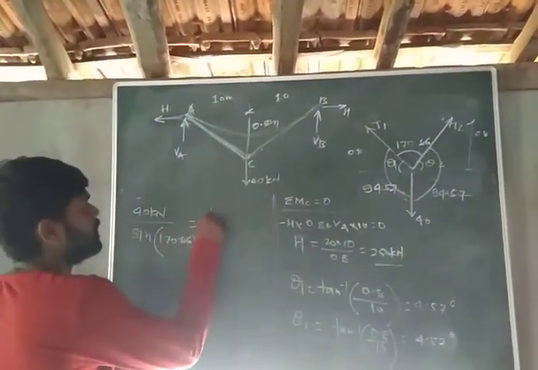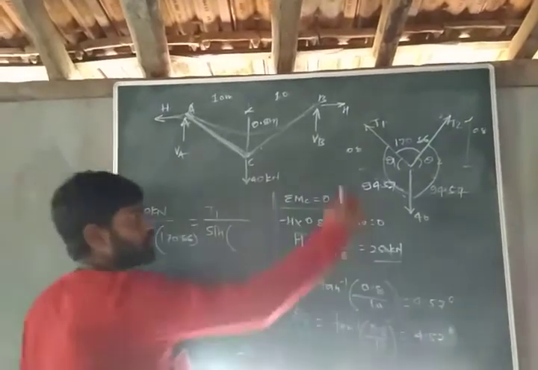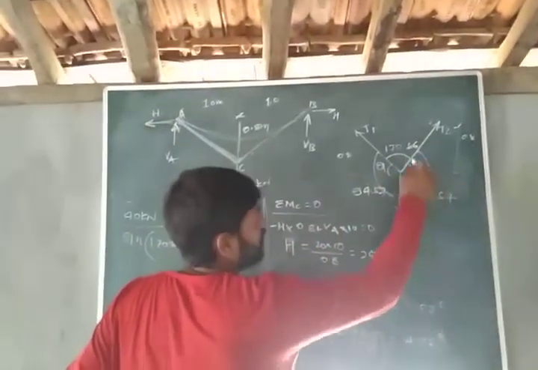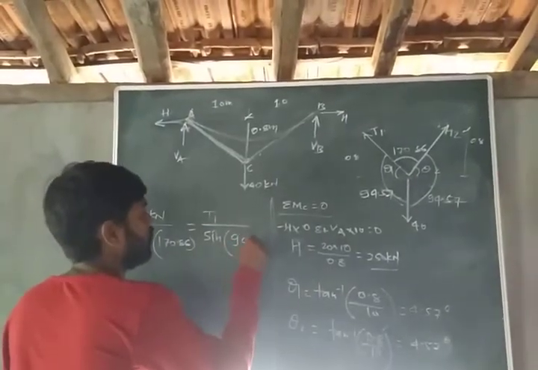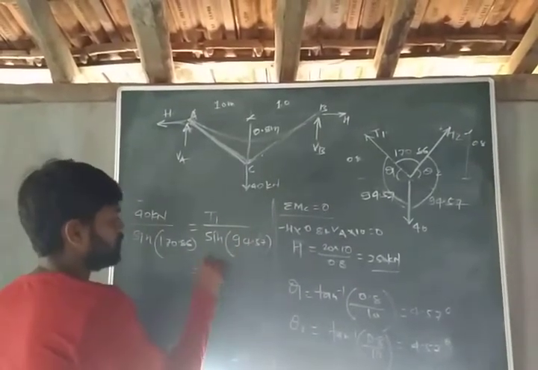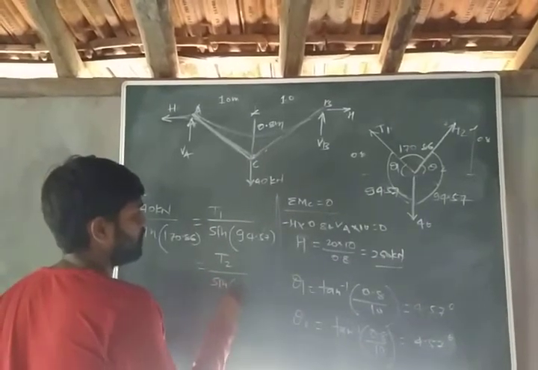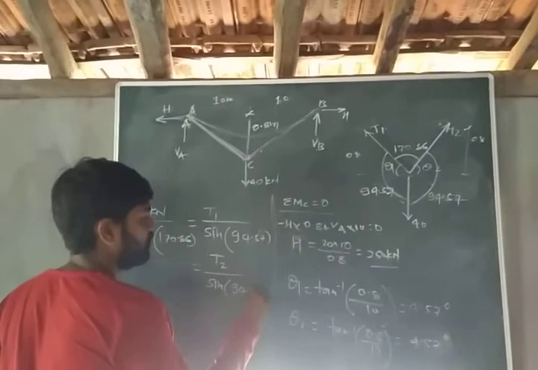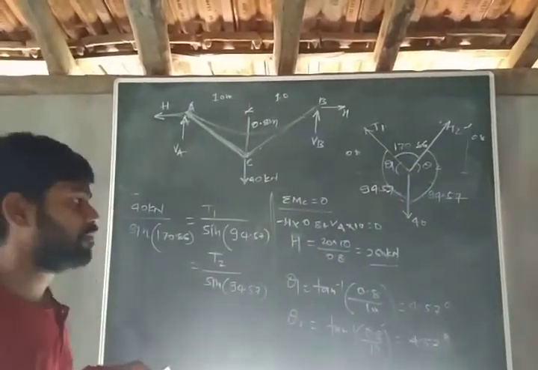Okay, similarly T1 divided by sine of the angle between this T2 and 40, that is 94.57, which is equal to T2 divided by sine of 94.57, because the angle between T1 and 40 and between T2 and 40 is the same.